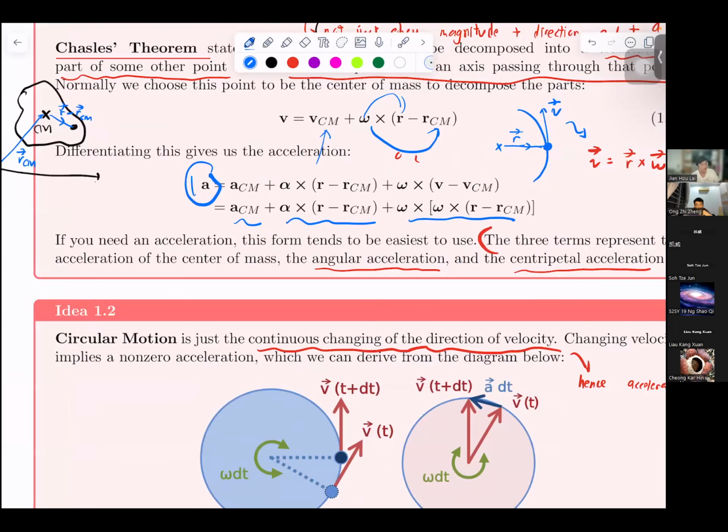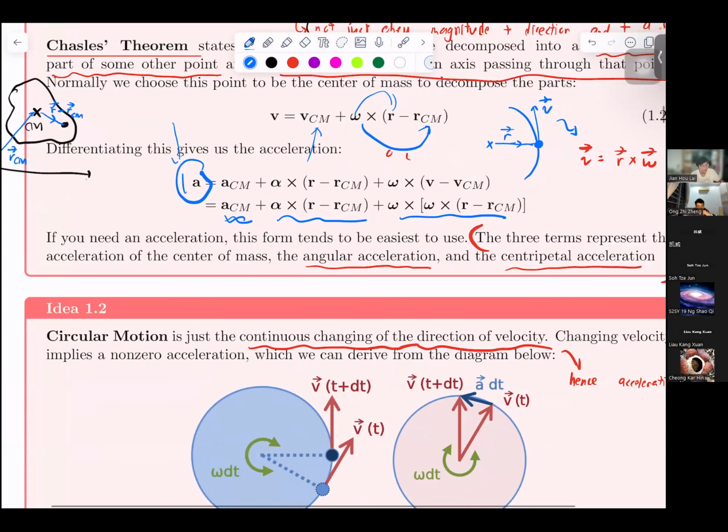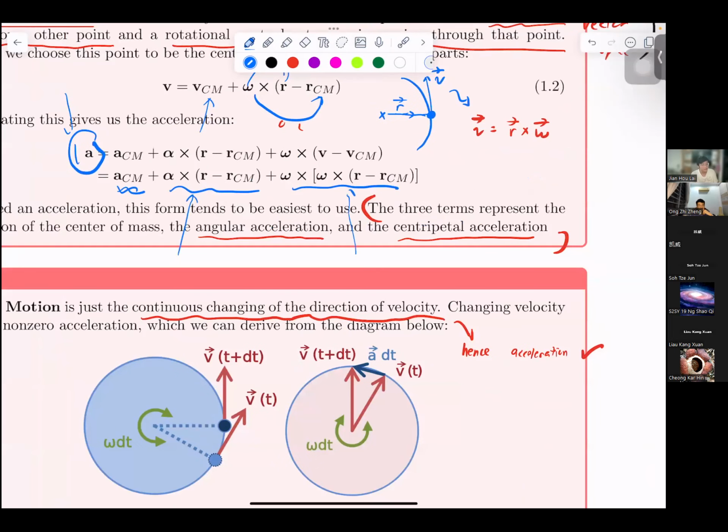This is what we want to find: the total acceleration. It will be the acceleration of the center of mass, the angular acceleration term, and also the centripetal acceleration, which you write in magnitude form as omega r omega.